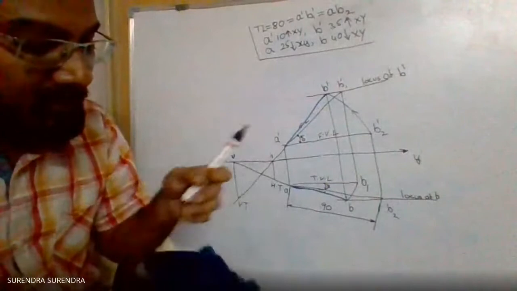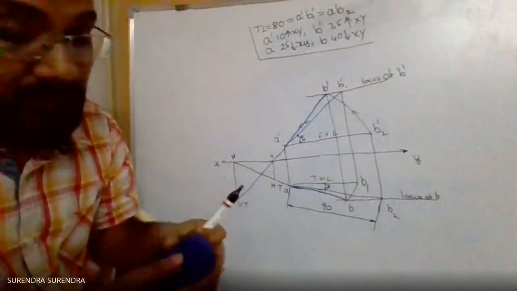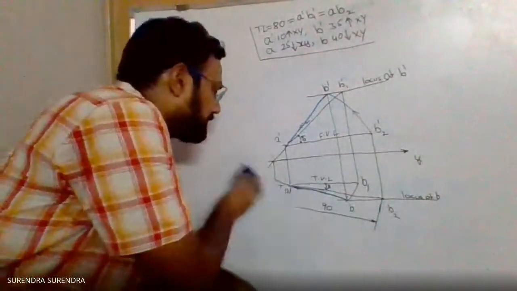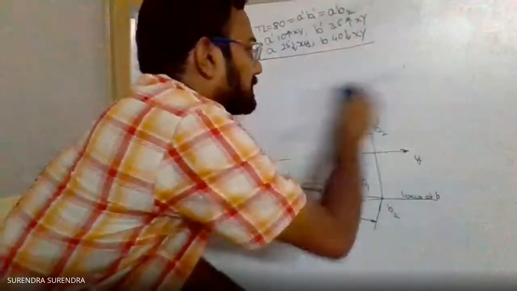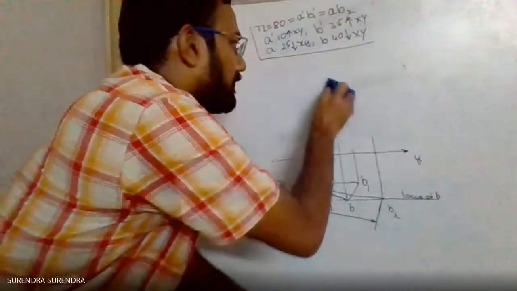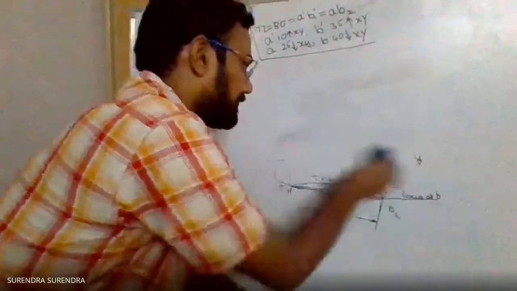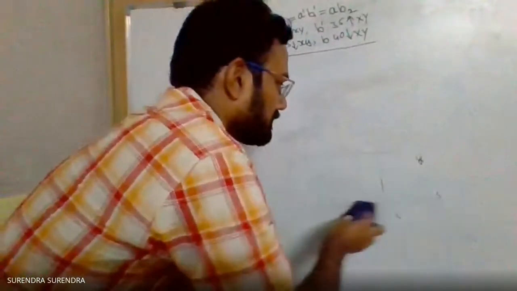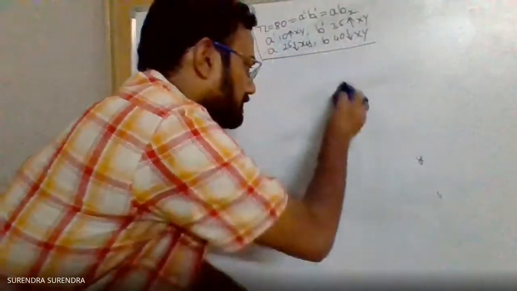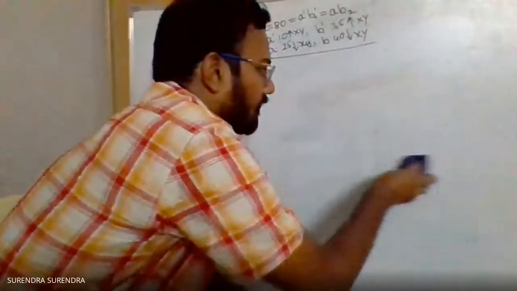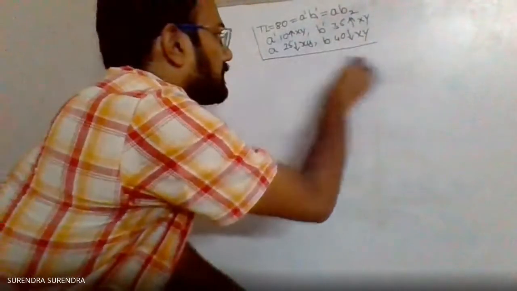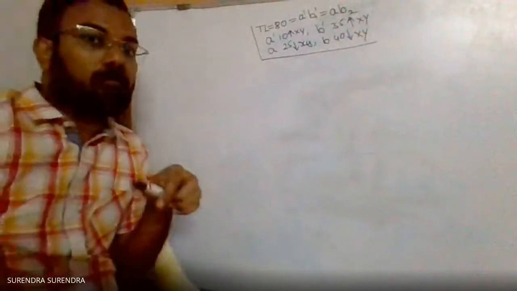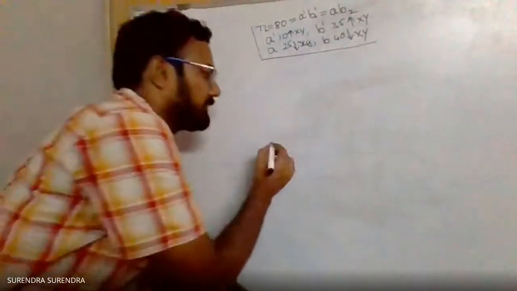When the endpoint data are given, means the values of both endpoints A and B are given, we'll start the problem like this. Let me erase this. Now, first draw the XY line.